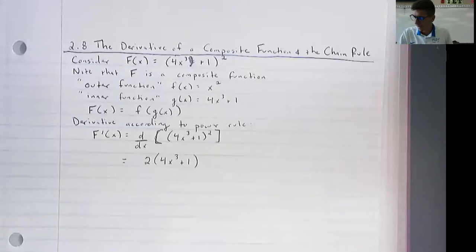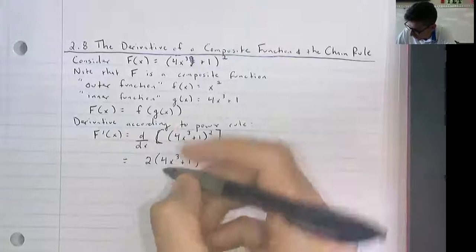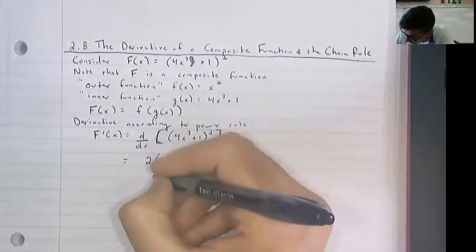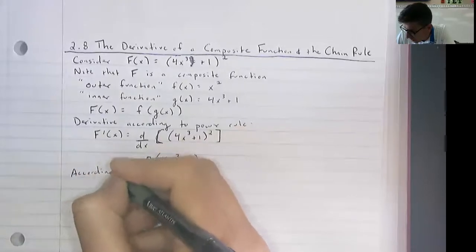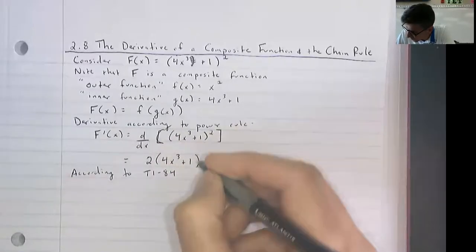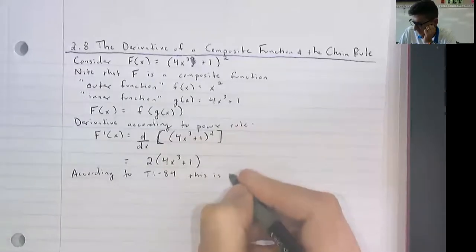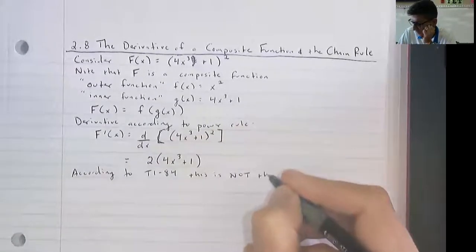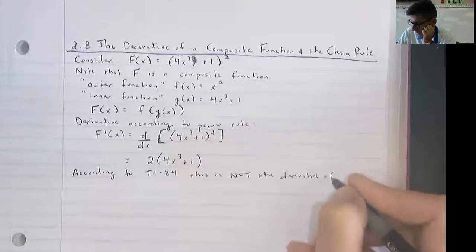Chain rule. We're gonna go straight out of the book, section 2.8.1. So actually, let's be clear here. According to the TI-84, this is not the derivative of f.